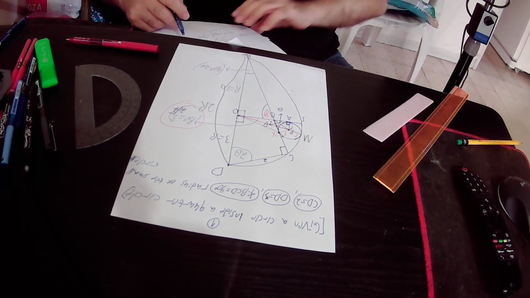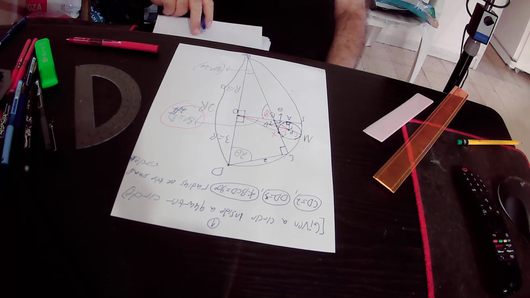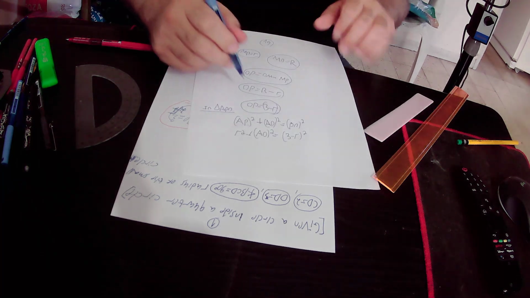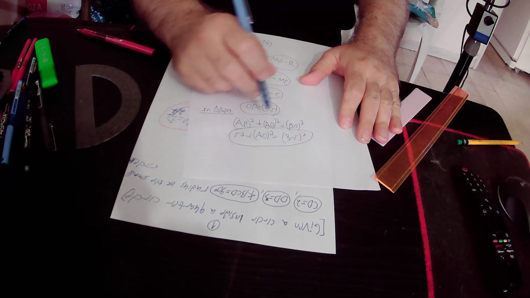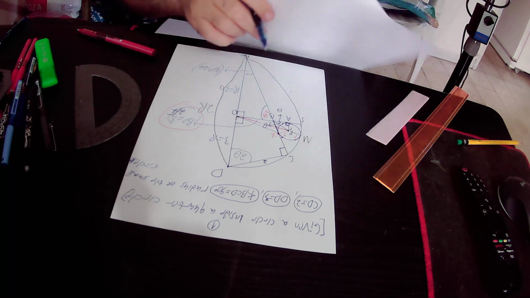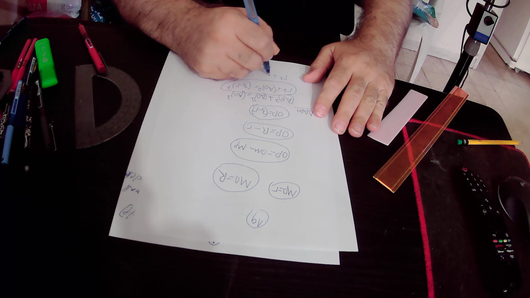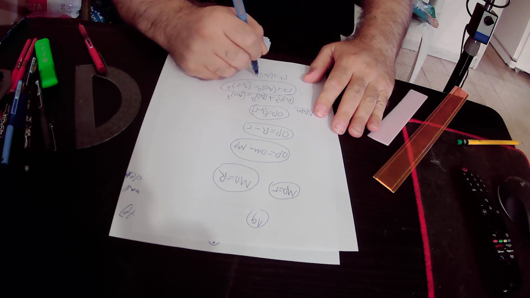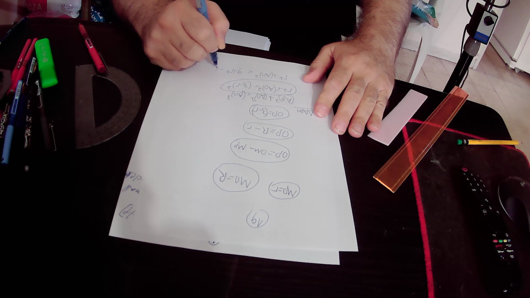So PO square will be equal to 3 minus r all squared. So in total we got this equality. Here we will open the brackets in this expression, and we will get that r square plus AO square equals 9 plus r squared minus 6r.